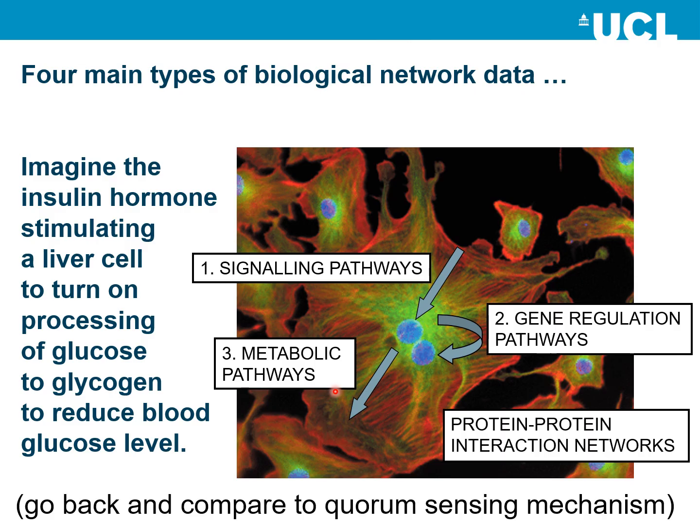I think it's good to go back and compare to the quorum sensing mechanism. Again, we had a different type of hormone, a small peptide pheromone binding just to a bacteria. So there was no nucleus or anything, it's just a bacteria.